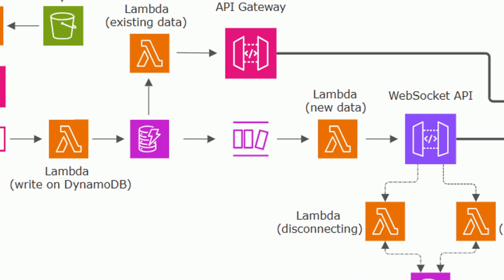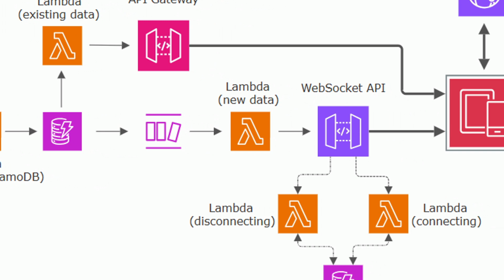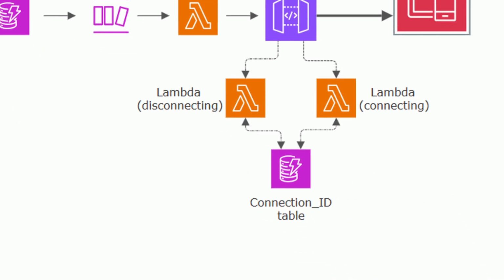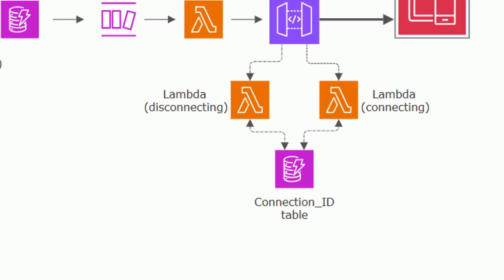And here we are going to use the help of DynamoDB Streams to send real-time data to the end user. And we are going to use a Lambda function to be in the middle between DynamoDB Streams and WebSocket API. And when the user wants to close the web application, it will trigger another Lambda function that is responsible for deleting connection ID from the connection ID table.